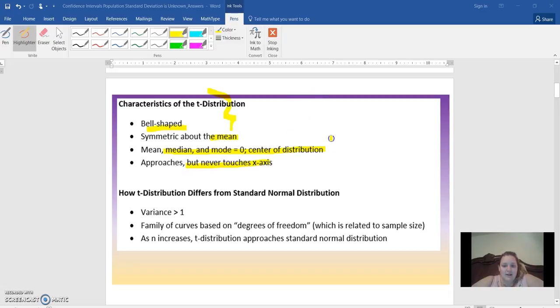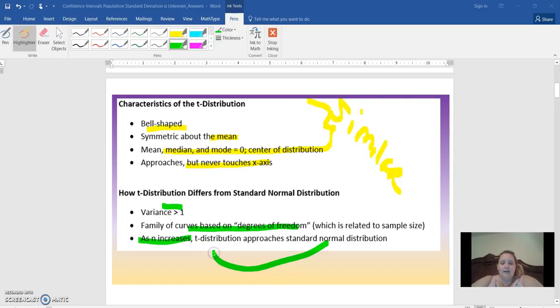All right, so this is how they're similar. How it's different is that the variance is bigger than 1, and instead of being one curve, it's a family of curves, and they're all based on what's called degrees of freedom. As our sample size increases, it reflects the normal distribution.